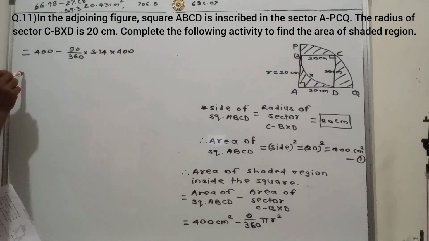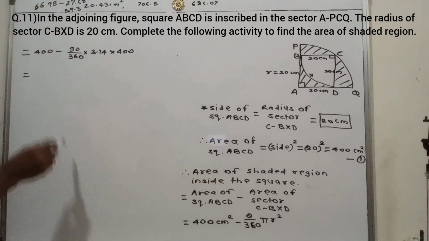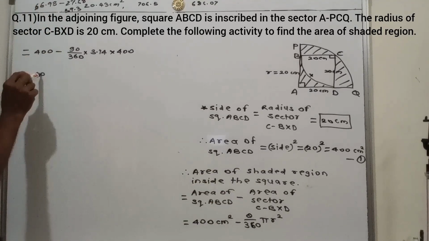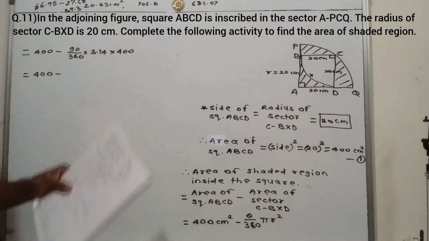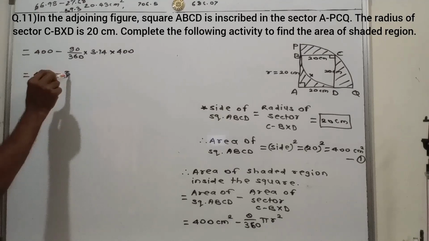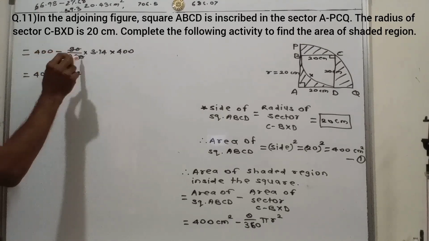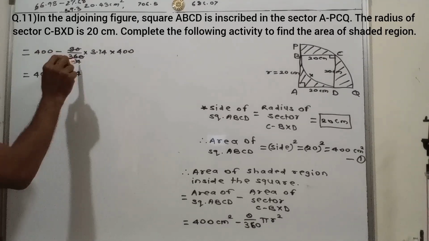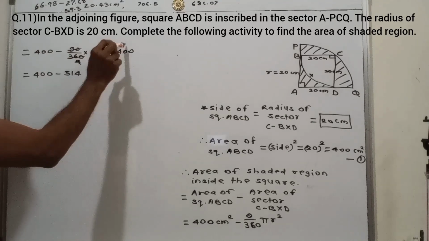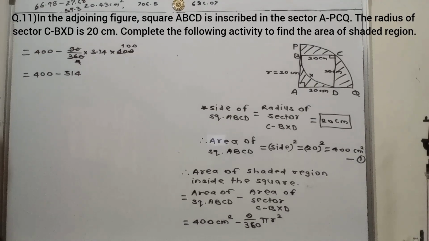Okay, therefore area of shaded region inside the square is equal to 400 minus 314. See here, 90 upon 360 is one fourth. 100 into 3.14, here two decimal places.